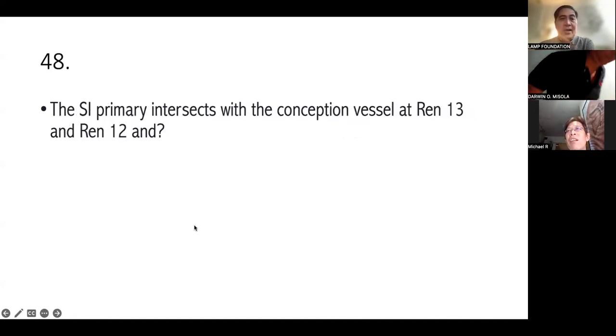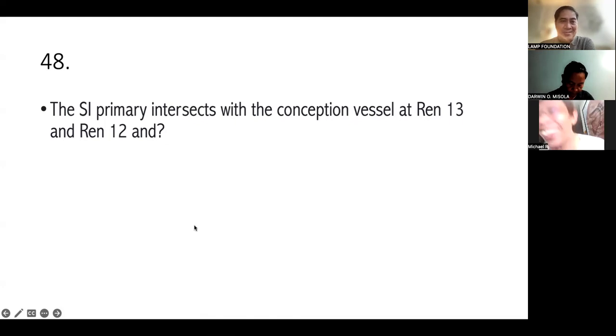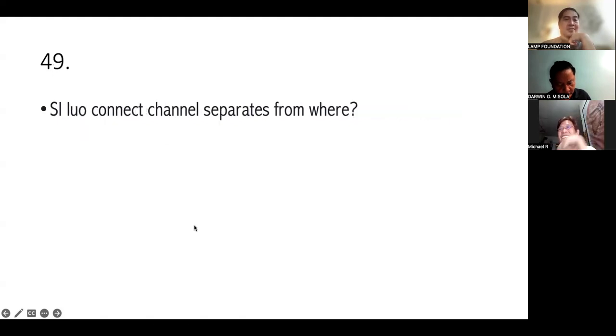Very good. SI primary intersects with the conception vessel at REN 13 and REN 12, then enters the small intestine. Good. Especially when there is borborygmus, don't forget to needle REN 12 and REN 13.